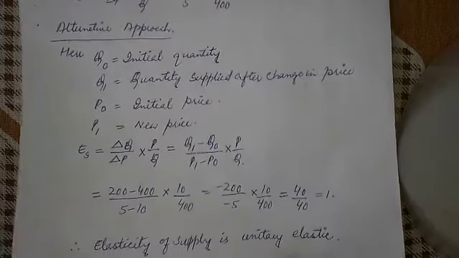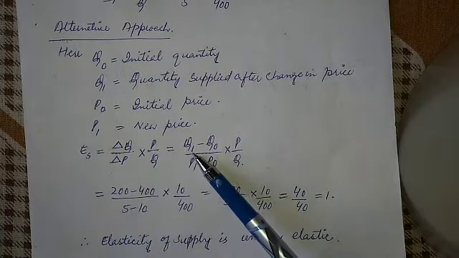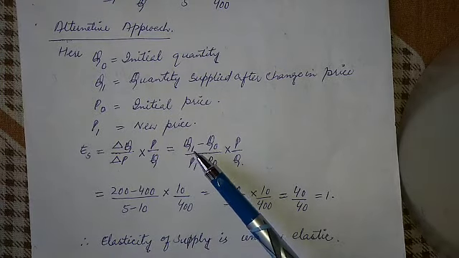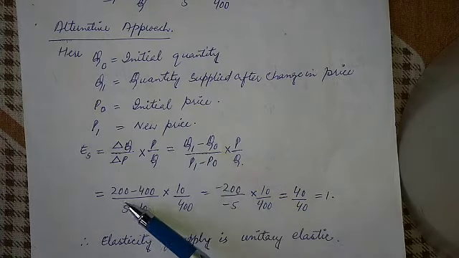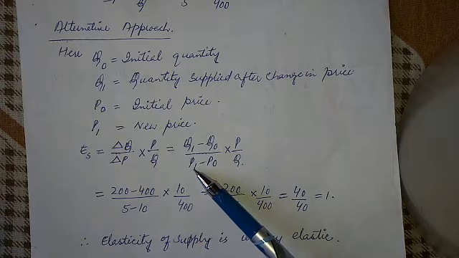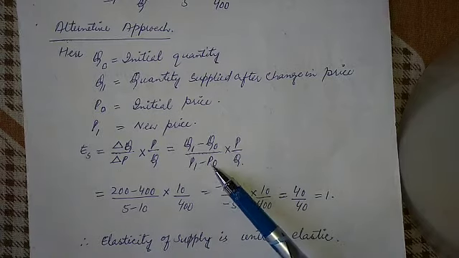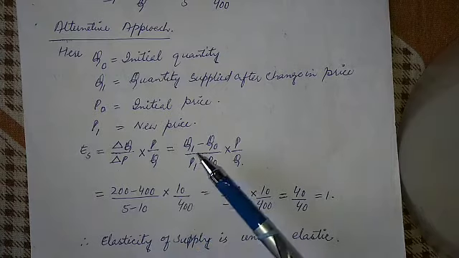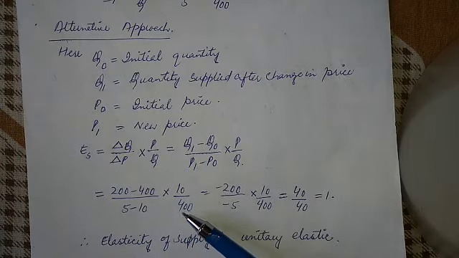Now here Q1, that means the quantity supplied after the change in price, is 200, and Q0, the initial quantity, is 400, so 200 minus 400. And P1, that means new price, here is 5, and P0, that means initial price, is 10, and P is equal to 10, Q is equal to 400.